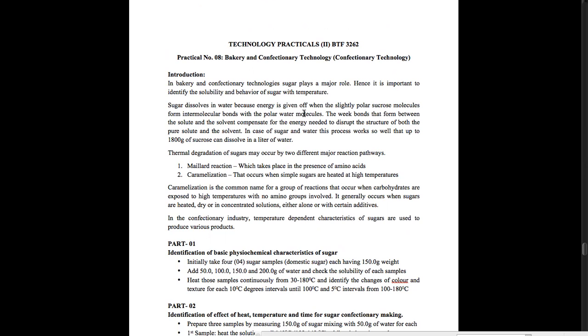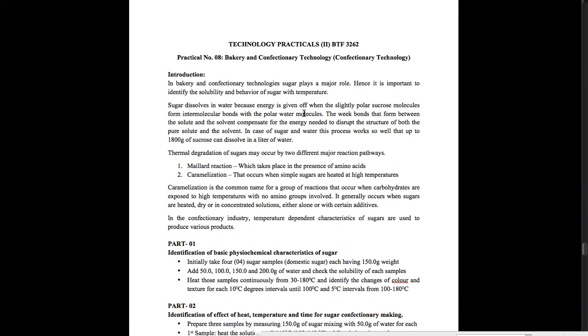So here we are going to develop some confectioneries, right? You know, confectioneries are also very popular food products among all age categories. You can buy confectionery food products for a cheap price, right?